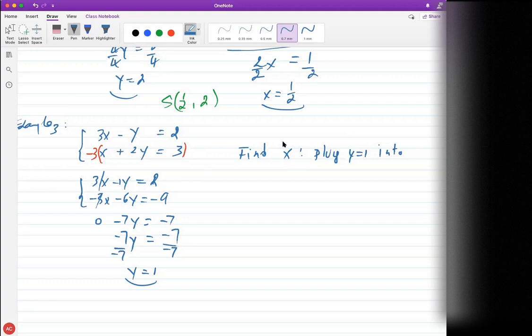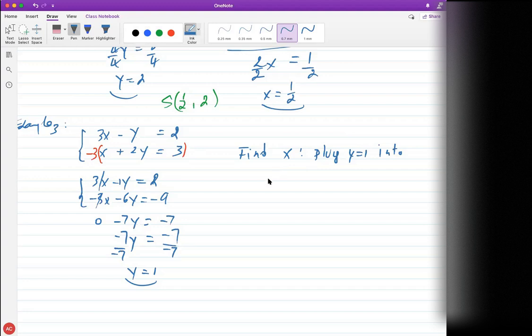So since we're looking for x, this equation here, without the -3, without the multiplication, is simpler. It's better to use this one than this one to find x. If you use this one, you'll have an extra step of dividing by 3 later. So let's plug it here instead.